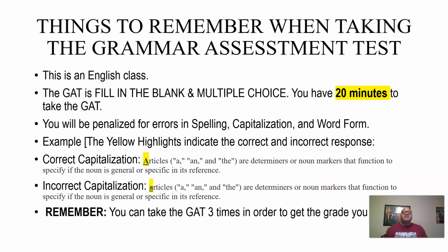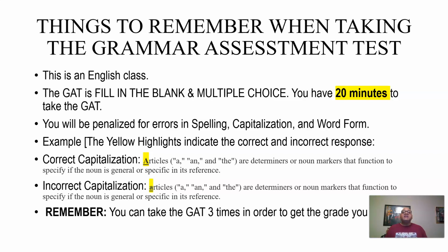So capitalization. You know that the first letter of a word that begins the sentence should be capitalized. So correct capitalization: Articles, first word of the sentence, you know that should be a capital A. If you begin your answer with a lowercase a because you're just typing fast, then Blackboard is going to count your answer incorrect.